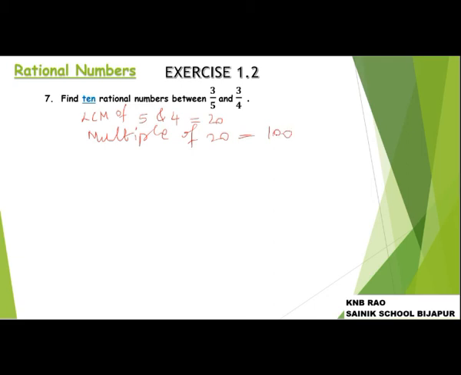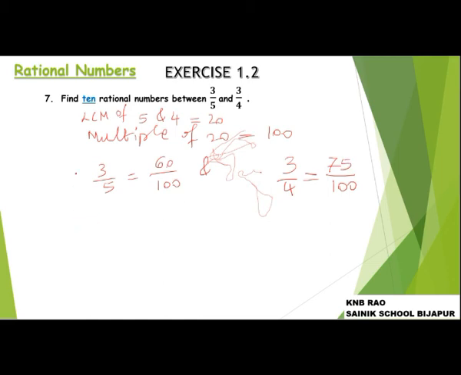If I choose 100, 3 by 5 can be written with the denominator 100: 5 is multiplied by 20, so 3 is also multiplied by 20, giving 60 by 100. And 3 by 4 is written with the denominator 4 multiplied by 25, so 3 is also multiplied by 25, giving 75 by 100.